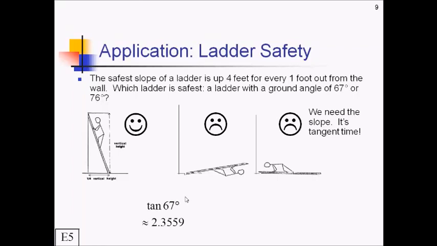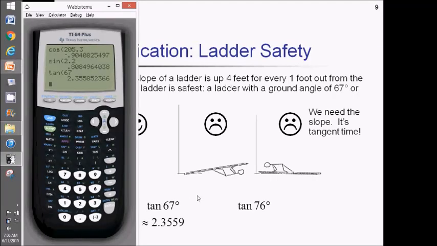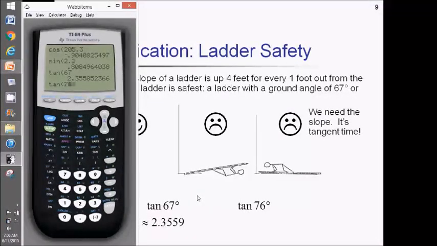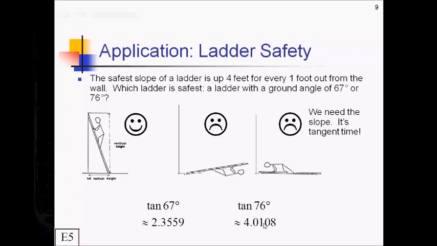And let's do the other one, tan of 76. So let me just grab my input from before, and I'll replace 67 with 76. Enter. And I get 4.0108, which is a lot closer to a slope of 4 than 2.3 and some change. So it would appear then that tan of 76 is going to be the safer angle.